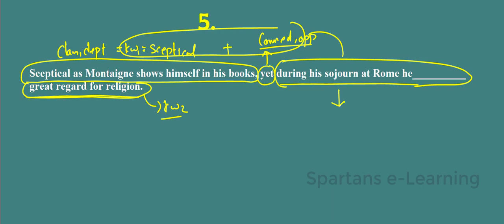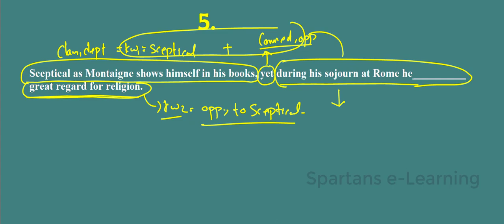Whatever meaning keyword 2 is conveying is dependent on keyword 1 plus the connector. Here, keyword 1 means skeptical and the connector says it should be opposite. So the answer for keyword 2 will be opposite to being skeptical. That's it.